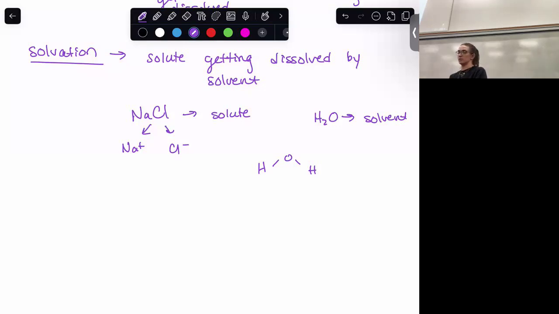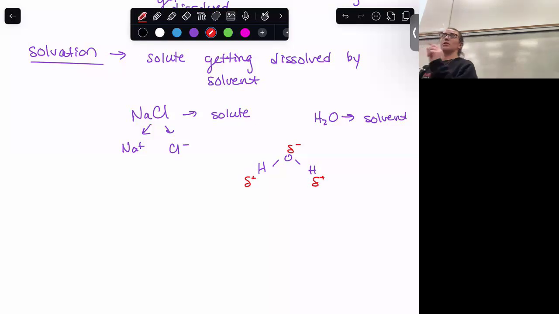Which one's positive, which one's negative? Perfect. So the hydrogens have partial positives, and that means our oxygen will have partial negatives. Everyone knows why oxygen is more negative than hydrogen, yes? Okay. So oxygen is going to be more negative, and the hydrogen is going to be more positive.